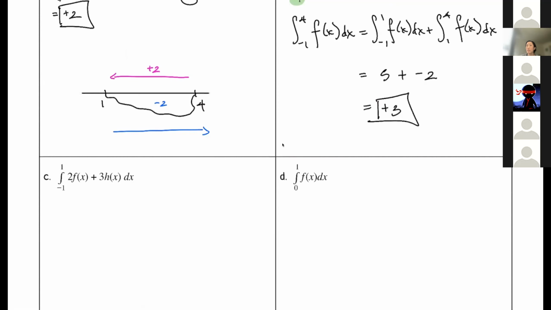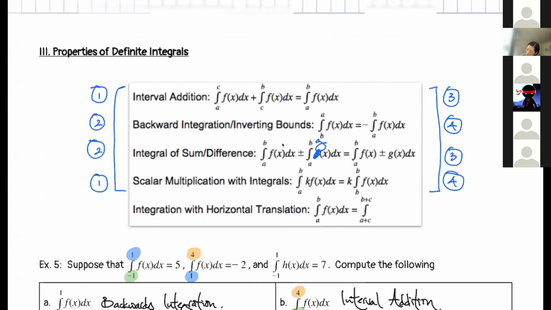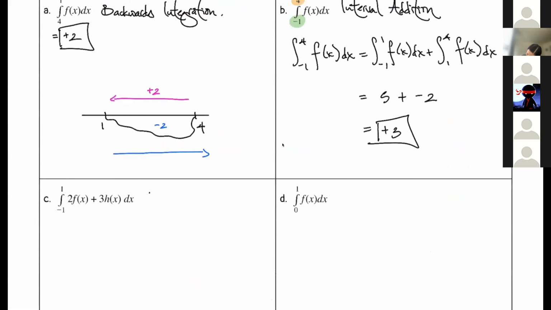So sometimes you're going to need more than one property, just like sometimes we need more than one rule for derivatives. So let's go ahead and write down that we're going to be using the scalar multiple and the integral of some difference. Some difference and scalar multiple.